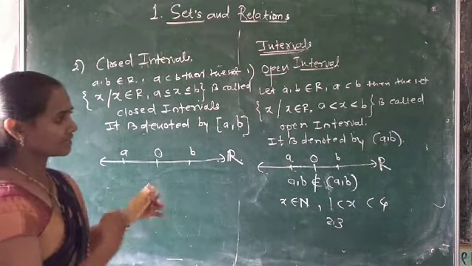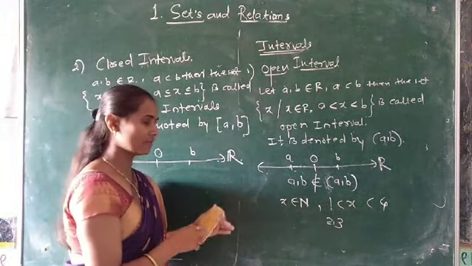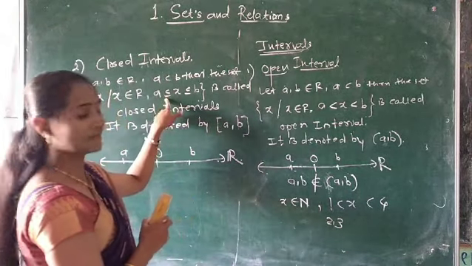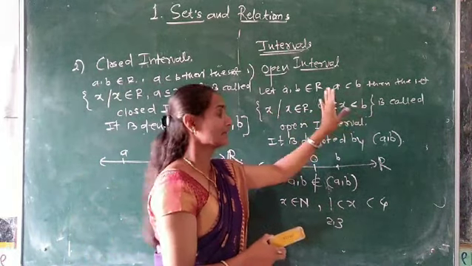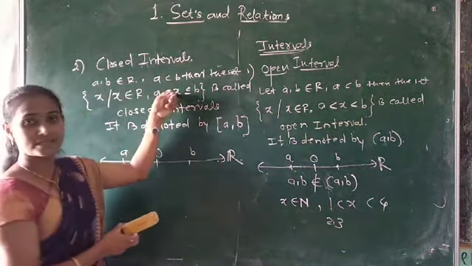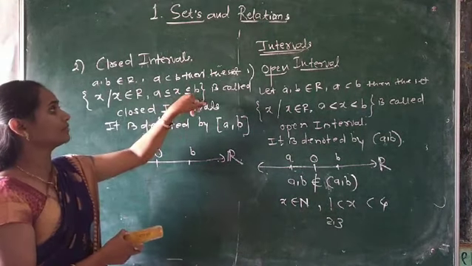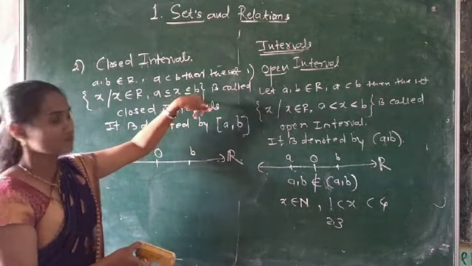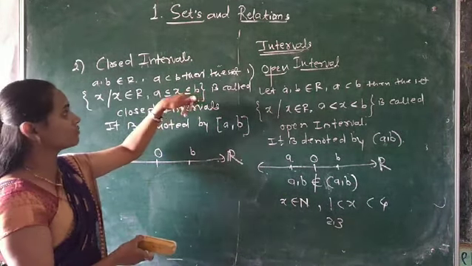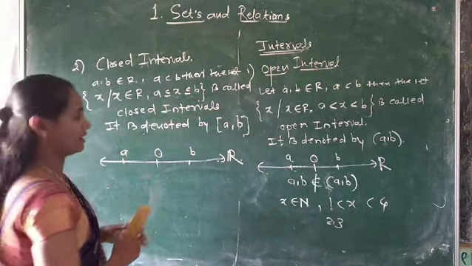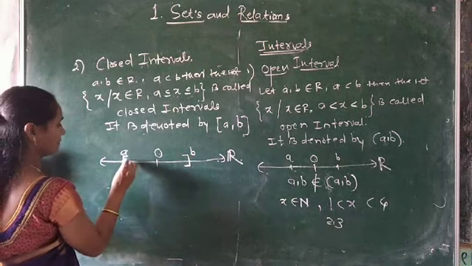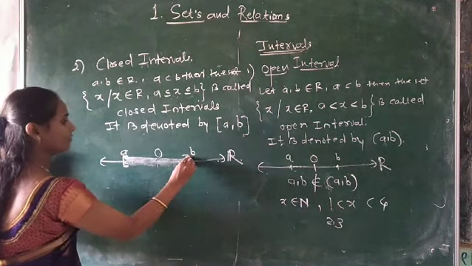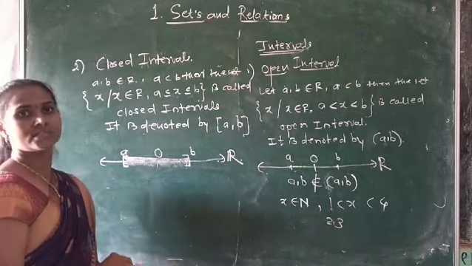So what is the difference between open interval and closed interval? This is the difference. Here we write A less than or equal to X less than or equal to B, and there we write A less than X less than B. That means here the value of X is greater than or equal to A but less than or equal to B. So your X is greater than A, or A is also allowed, and less than B, B is also allowed. So this set includes A and B. That means the values A and B also belong to this interval.